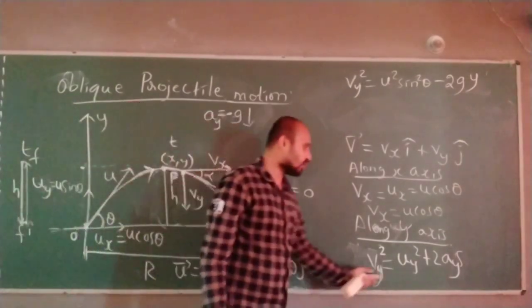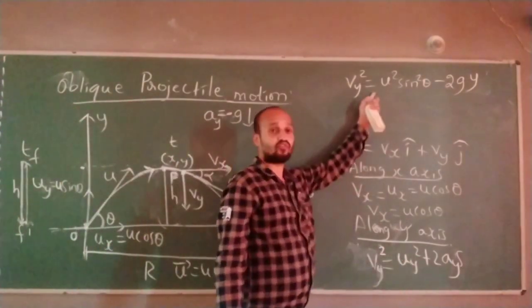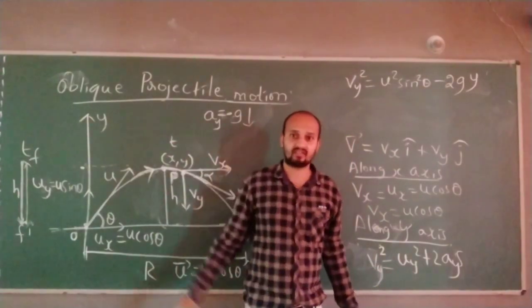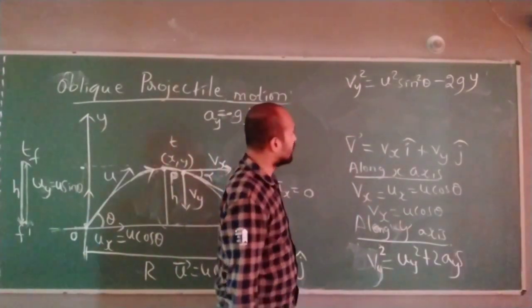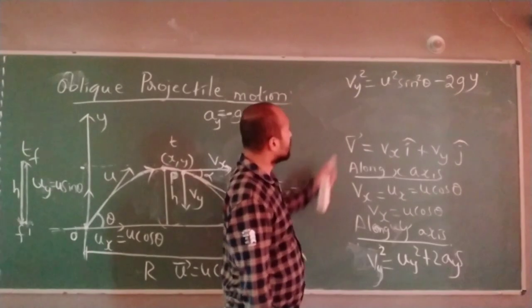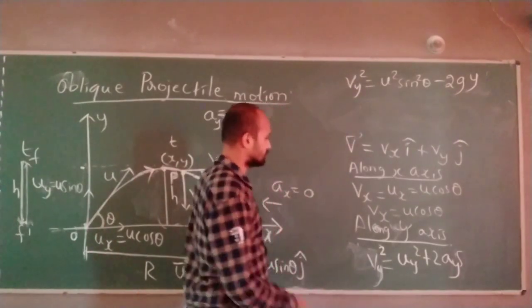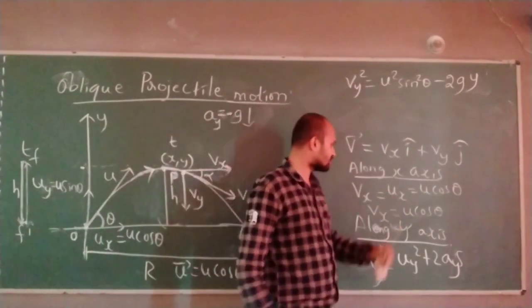I am applying v square minus u square is equal to 2as along the y axis. So this is the formula for Vy square, and this is the formula for Vx.